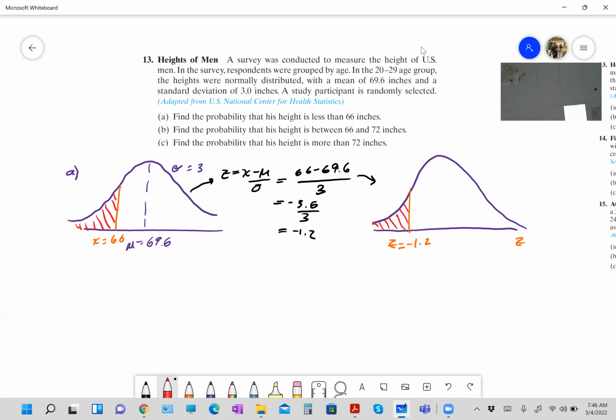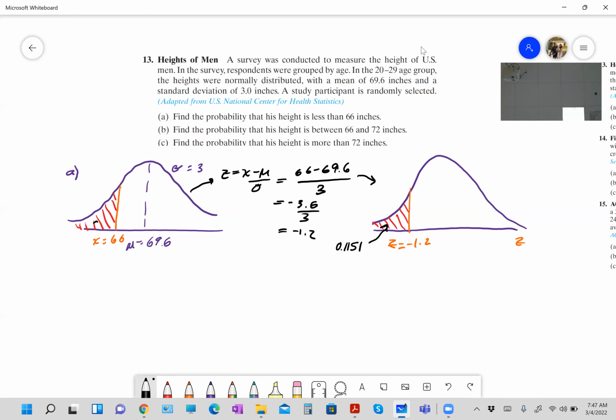So I'm going to grab my table. Now, what's the area for negative 1.2? 0.11. Yep, it's the area to the left. Remember, our tables always read to the left. Our table says that the area there is 0.1151.